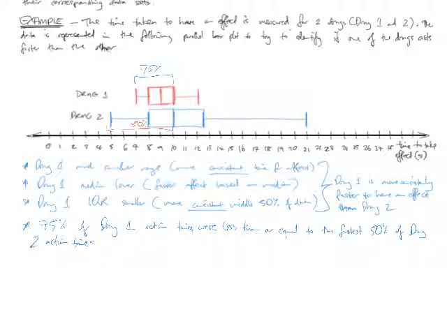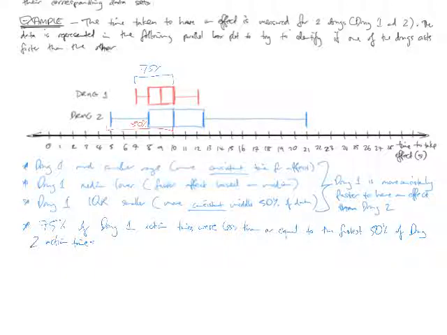What am I saying there? Three quarters of drug 1's times were faster than the fastest 50% of drug 2. So that's another deeper way of saying that drug 1 acts faster.